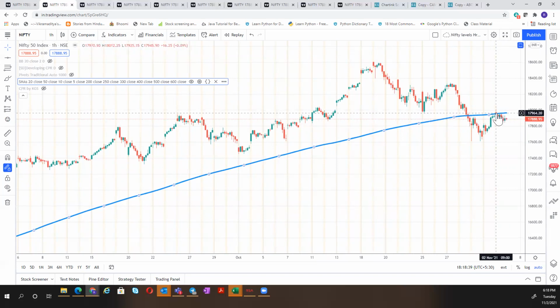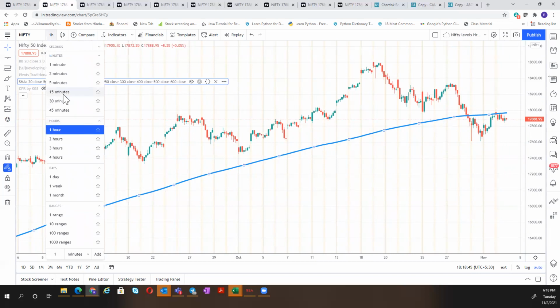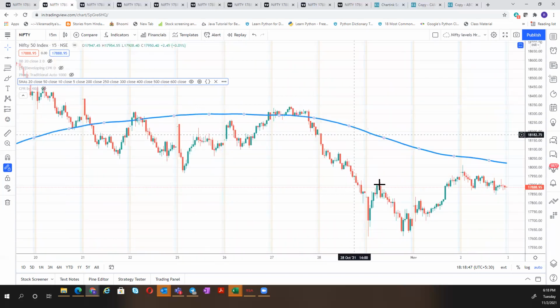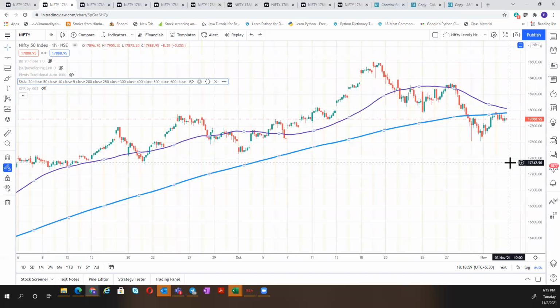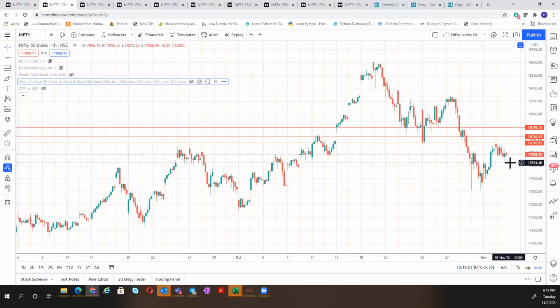So another hint for you is if the price sustains above the hourly 200 MA, then you can anticipate price moving up till 18,026. So what was the resistance I was talking about in the previous thing? Do you see how significantly this works? What was the first resistance?